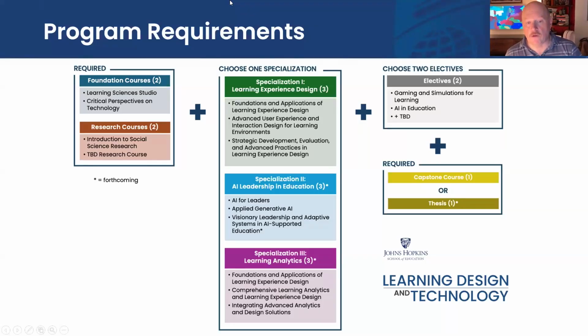And as I mentioned, there are 3 specializations here. The first that we just launched with this fall, which is Learning Experience Design. The other 2 that will come online in fall 2026, which are AI Leadership in Education and Learning Analytics, or what we are calling Learning Engineering, and which will probably ultimately be the name of the specialization. So here you can see the 3 courses listed below for each specialization.